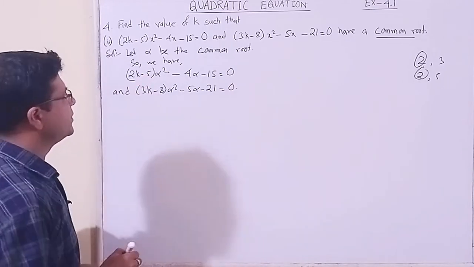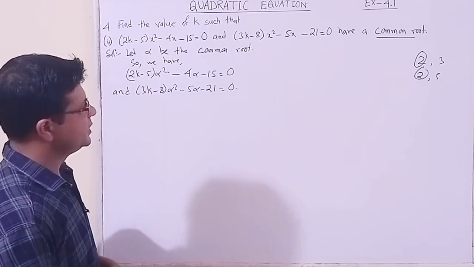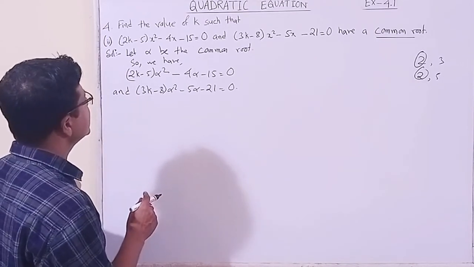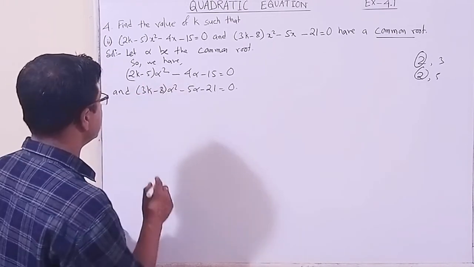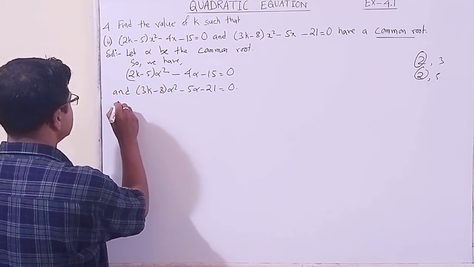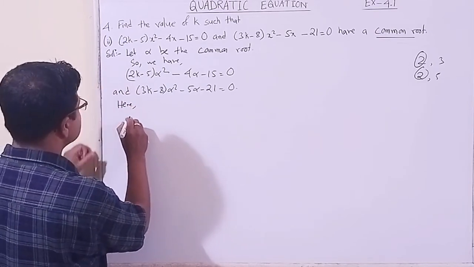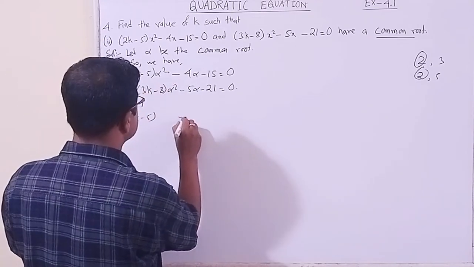Now let us solve this. How will we solve? By the method which we have discussed, the cross multiplication method. Here we'll write the coefficients of alpha square and alpha. What are the coefficients here? 2k minus 5. Here it is minus 4.